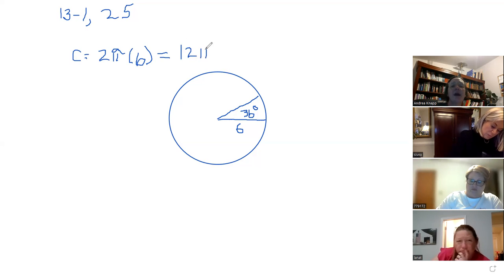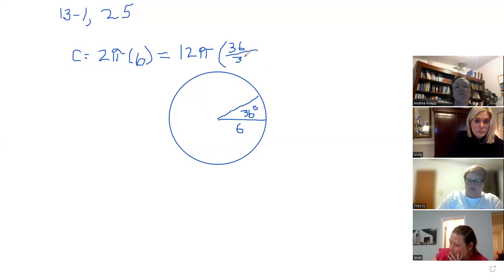How can I take a fraction of that, knowing that we only are using 36 degrees instead of 360 degrees? The 10th of it. Yeah, we'll just take the 12 pi times 36 over 360. So that's the fraction of the circumference that we need.